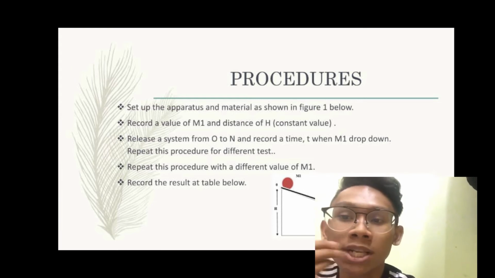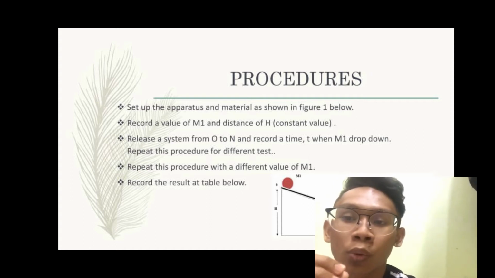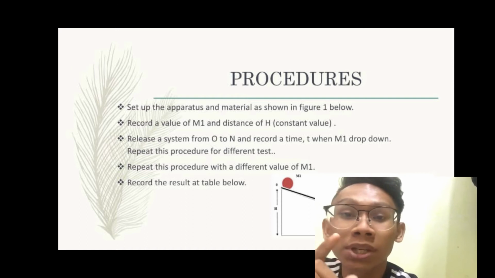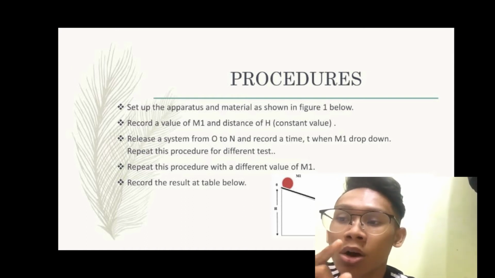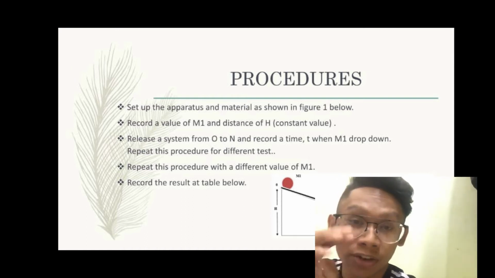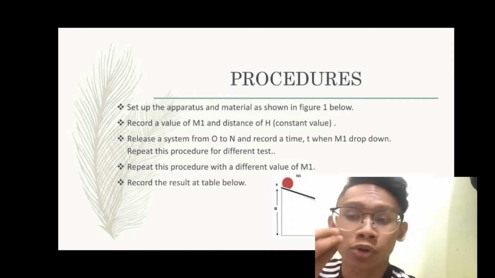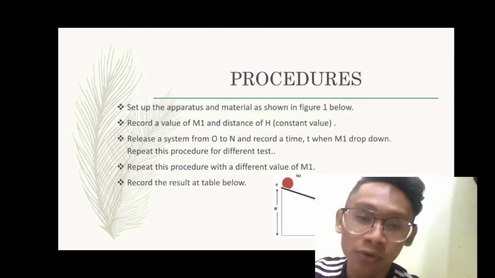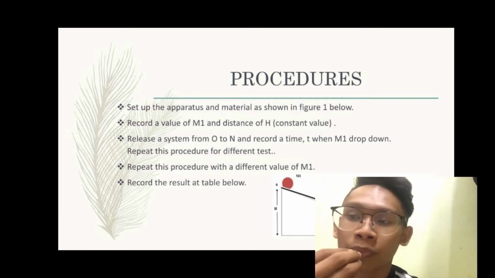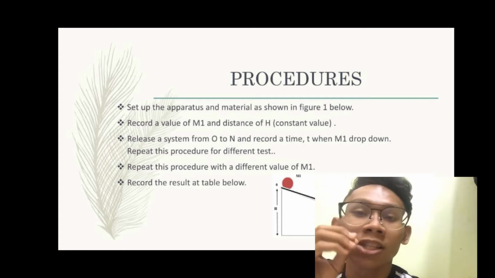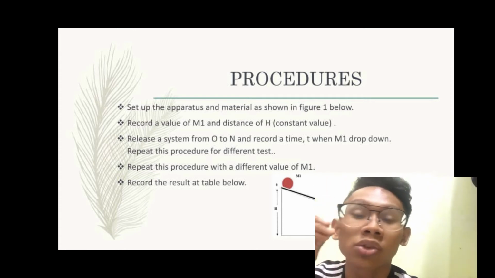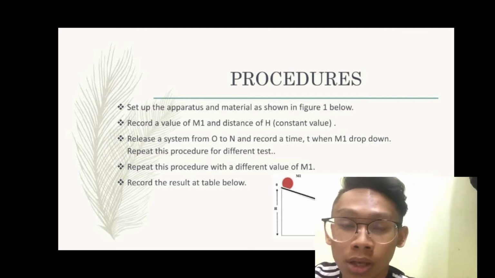Step 3 is to release the system from 0 and record the time when M1 drops down. Repeat this procedure for different tests. Step 4 is to repeat this procedure with a different value of M1. And lastly, step 5 is to record the result in the table below.